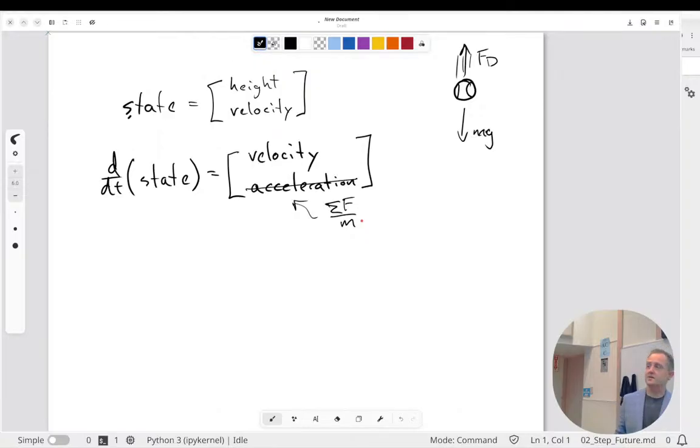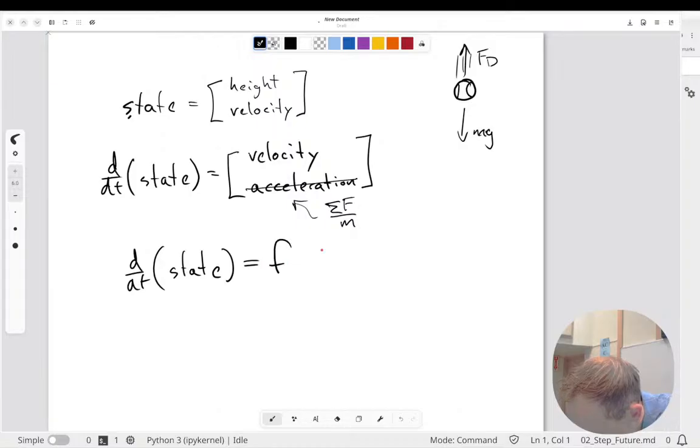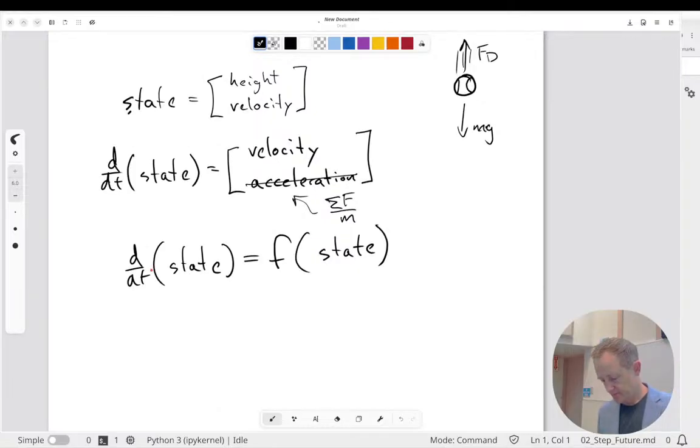So if we know what forces are applied, then we know the change in the state as a function of the state. Because the velocity and the acceleration will be some function of the current state. It could be position, could be velocity. And that's the general idea here.